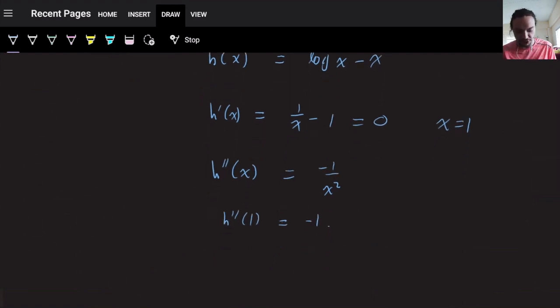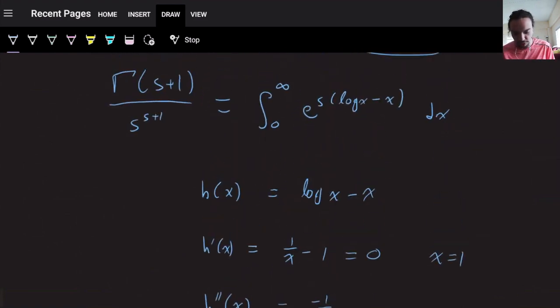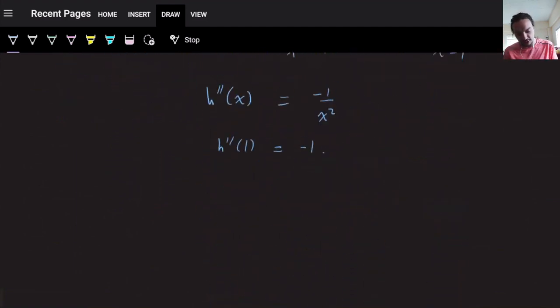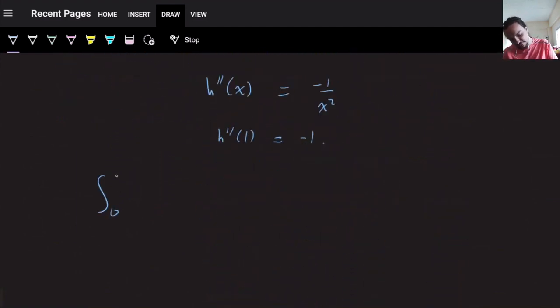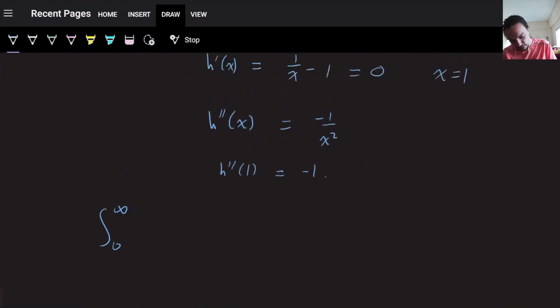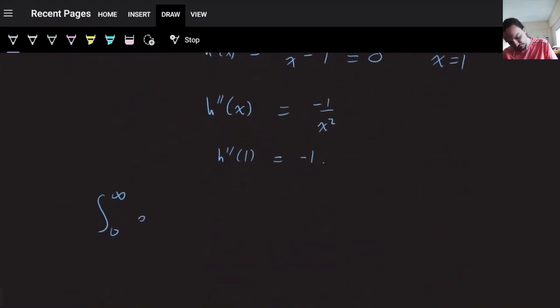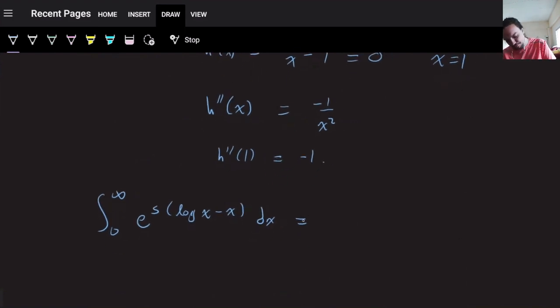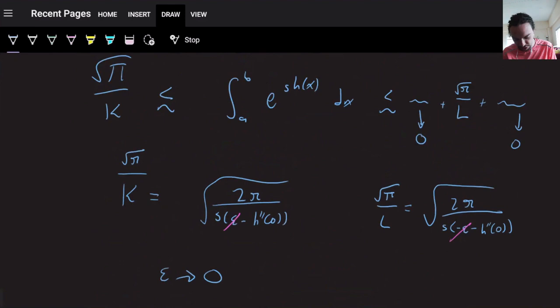Okay. And so now we have everything that we need in order to apply the method of steepest descent. So we get that the integral from 0 to infinity of e to the s (log x minus x) dx is, or is twiddle... well, what does the method of steepest descent tell us?